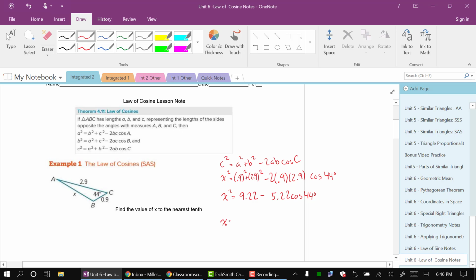This gives me x equals the square root of 9.22 minus 5.22 cosine 44. When I type that in my calculator, I get that x is about 2.3.